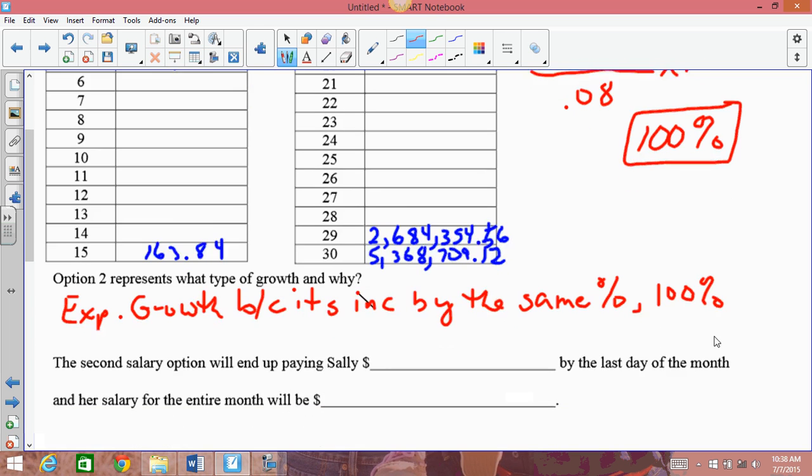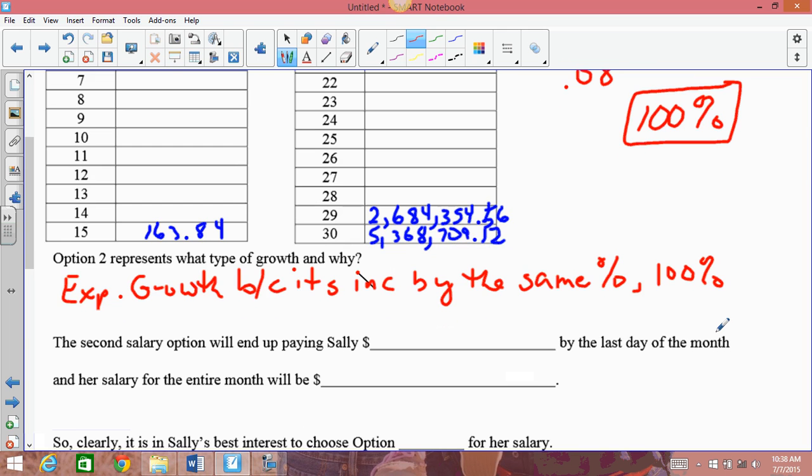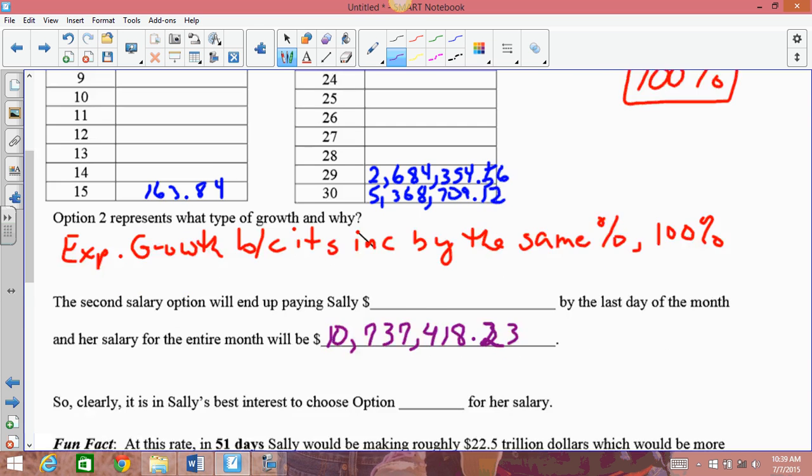Okay, I'm not going to bother writing these numbers down again, but the second salary option then you can see is going to end up paying Sally a little over $5 million by the last day of the month, and then ultimately her entire salary for the entire month will be to add up day 1 through day 30. This is a nice haul, over $10 million. So if you did this, it'd be $10,737,418.23.